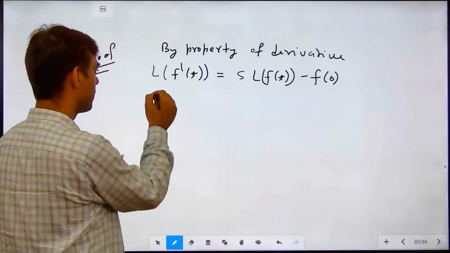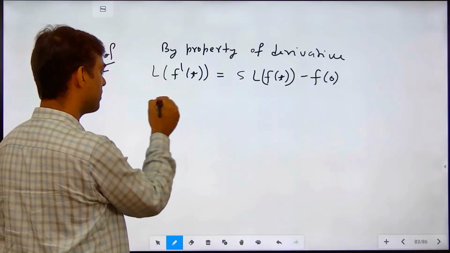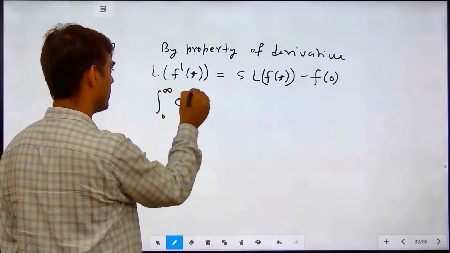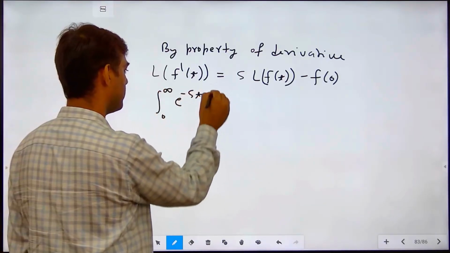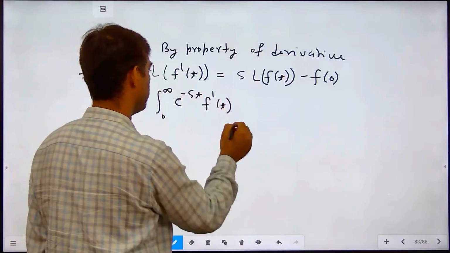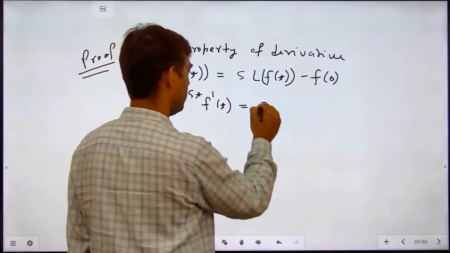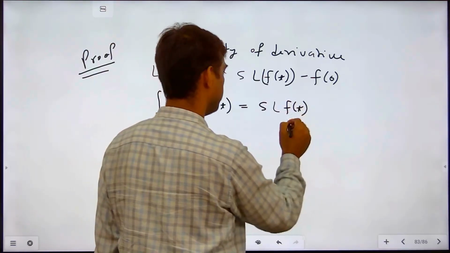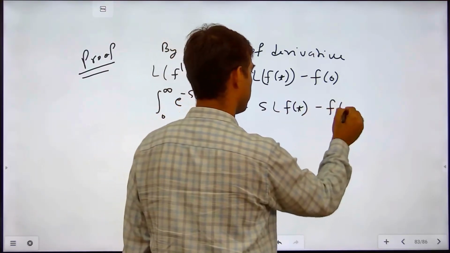Now, by the definition of the Laplace transform, this becomes the integral from 0 to infinity of e to the power minus st f dash t dt, which equals s times the Laplace transform of f(t) minus f(0).